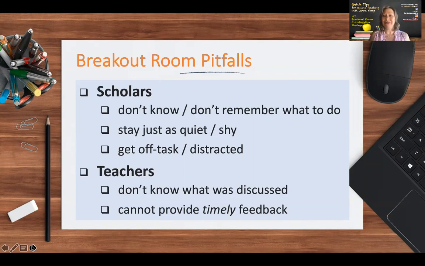For teachers, some of the pitfalls include not knowing what was discussed really in the breakout rooms, because if we're popping in and out of the rooms, then we don't know what was discussed prior to our arrival or after our departure. And there's no easy way to provide any timely feedback on that discussion, and that's an important part of the learning process.